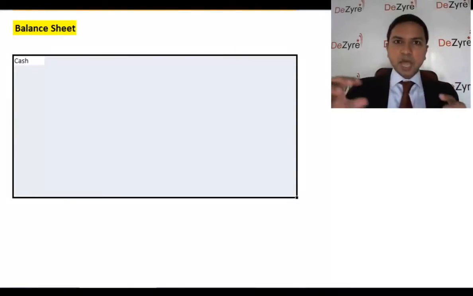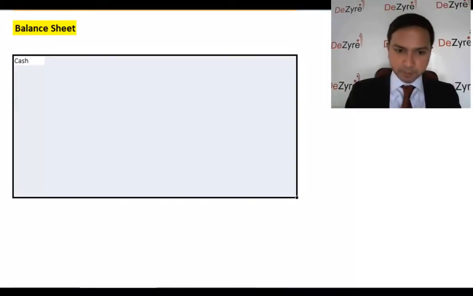So this other statement where we're going to put your cash balance and your house and the loan you owe, that is essentially a balance sheet.